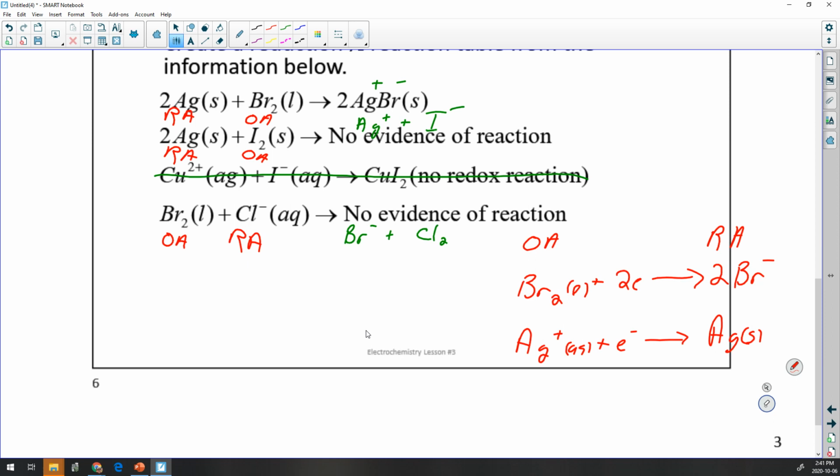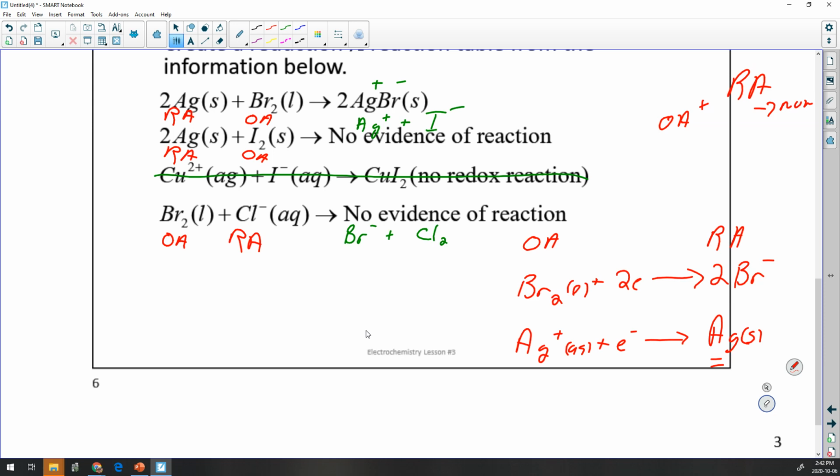So here we have the next one. We have iodine as an oxidizing agent, and there's no evidence of reaction. So here is our reducing agent. Am I going to put iodine above that one or below that one? No evidence of reaction. So the OA is below the RA.